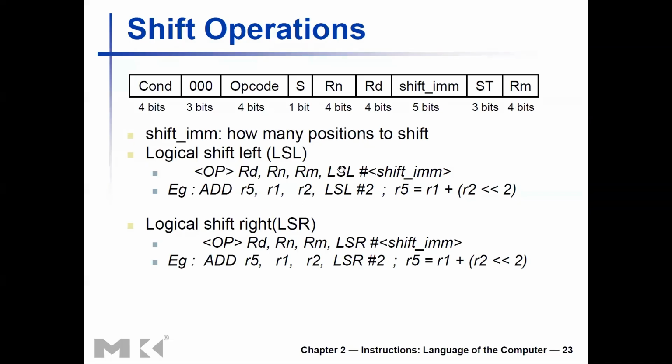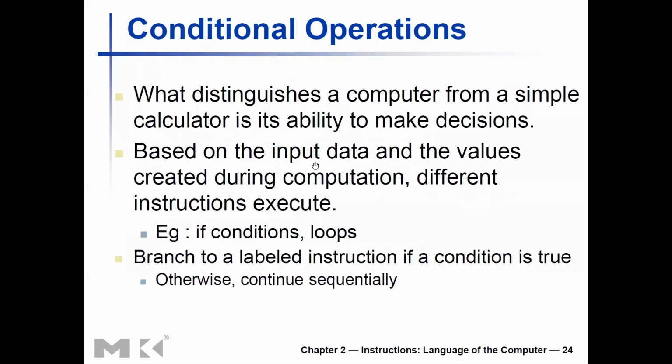RM is the second operand, and logical shift left is going to be encoded in this ST part, and then the shift immediate value is going to be put in this part of the instruction, and this is the result. And logical shift right is also given here, and yeah, that's it about shifting.